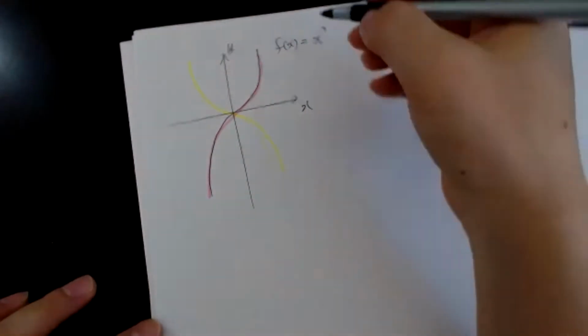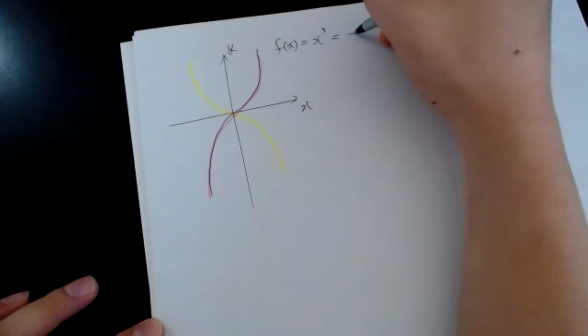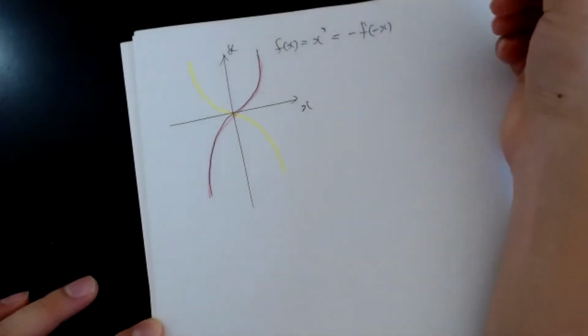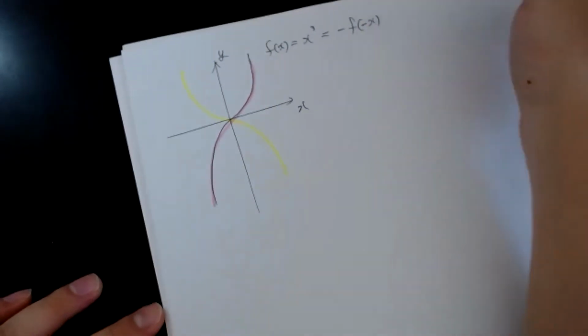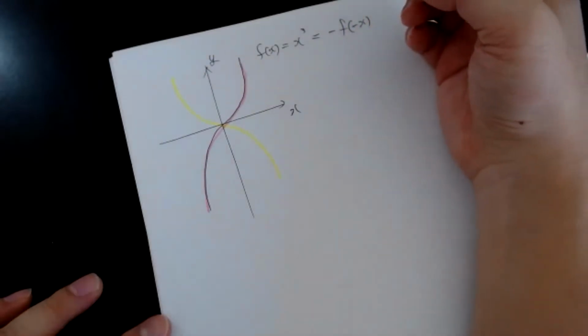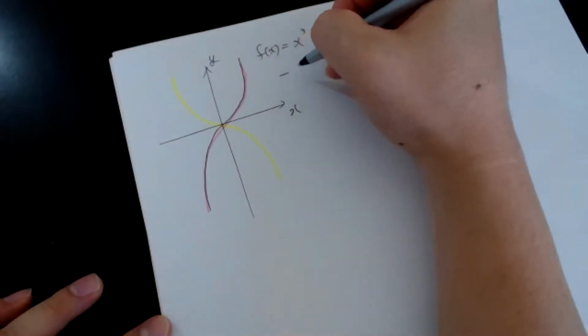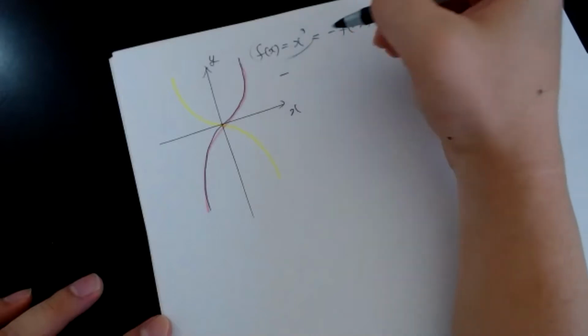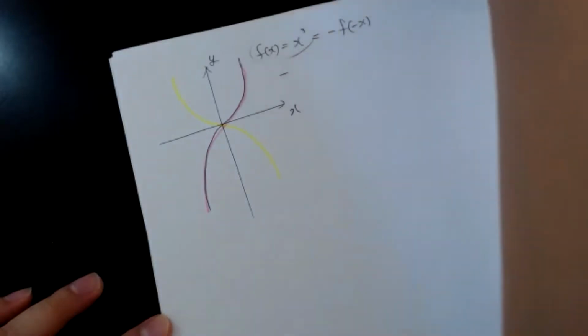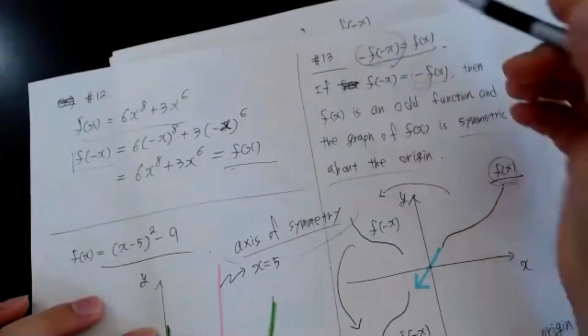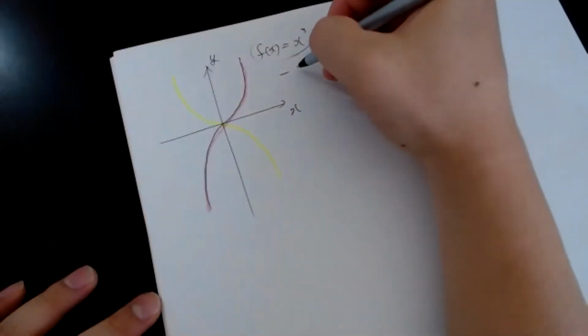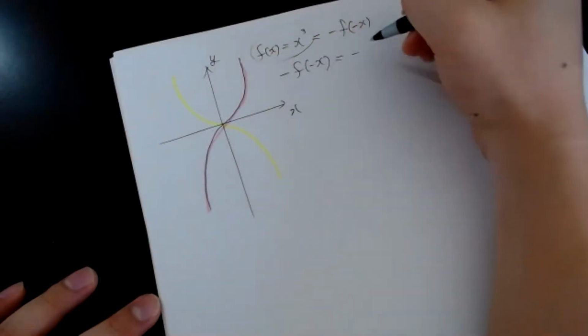So that is equal to negative f of negative x. Or if you don't get it, I'll just show you algebraically why this function satisfies this equation. So negative f of negative x is equal to what?